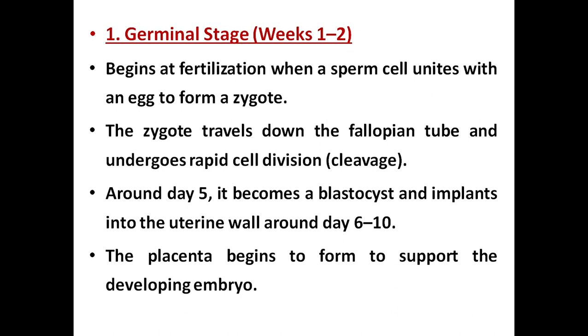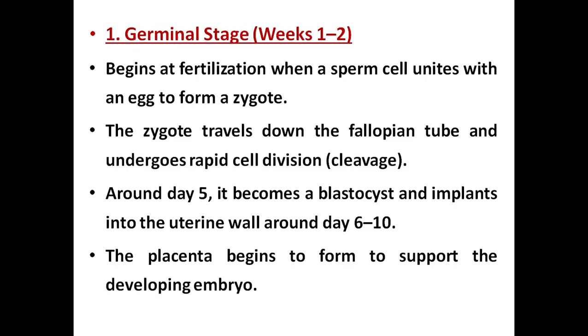So weeks 1 and 2 begin at fertilization, when the sperm cell unites with the egg to form the zygote. So when a sperm and egg cell meet, they fertilize, and that union of sperm and egg is called the zygote. The zygote travels through the fallopian tube and undergoes rapid cell division called cleavage.